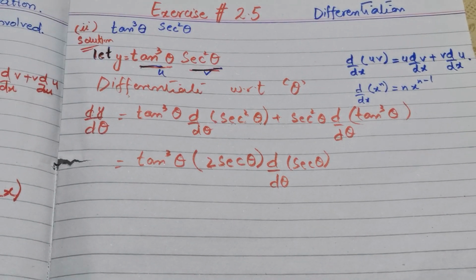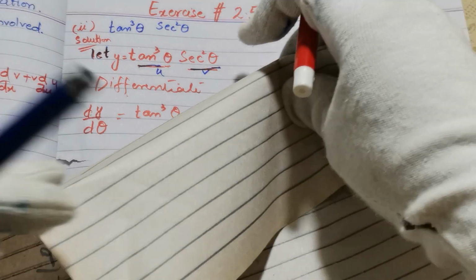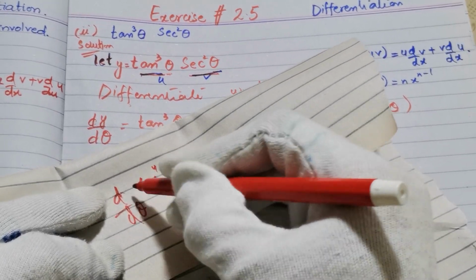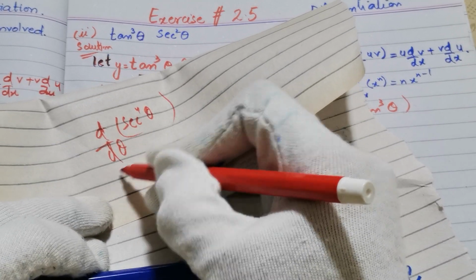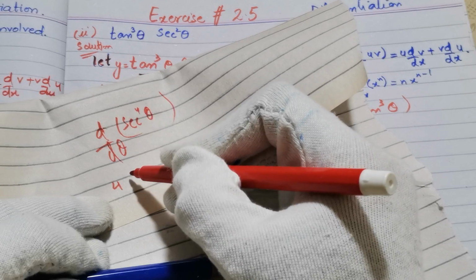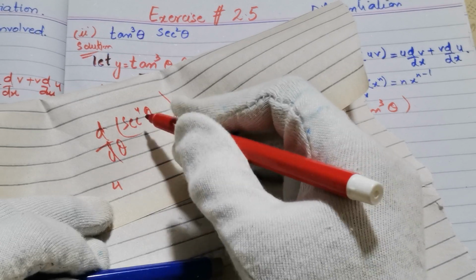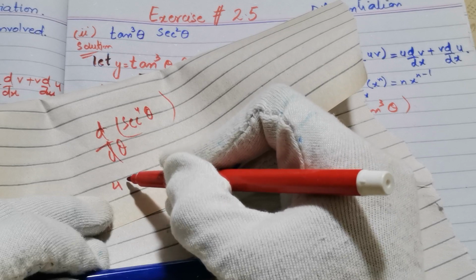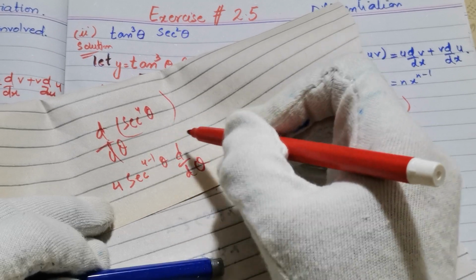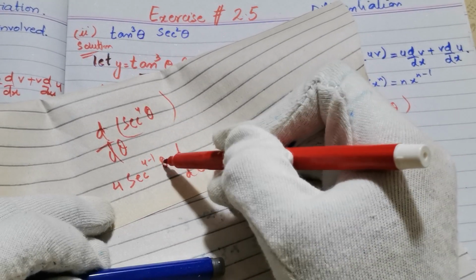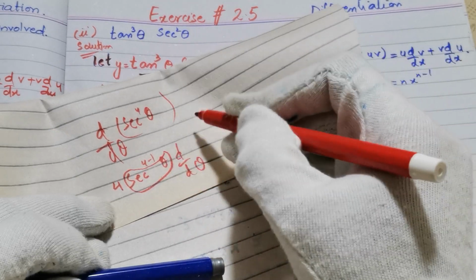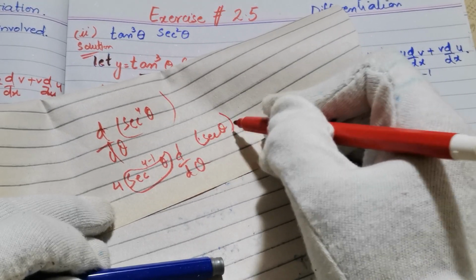For example, if we have the derivative of secant 4 theta, first of all we will apply the power rule. According to the power rule, n is 4, secant 4 minus 1 theta, and then the derivative of the term. After applying the power rule, we will take the derivative of whatever term. Here the term is secant theta.